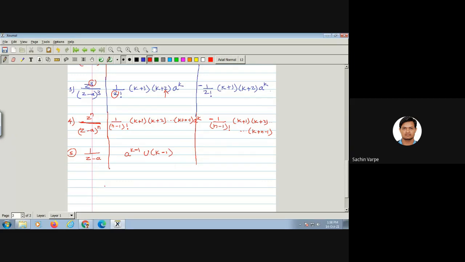How do we define u of k minus 1? U of k minus 1 will be the same, but here the condition changes. It is 1 for k minus 1 positive and 0 for k minus 1 negative, right? So what does it mean? It means 1 for k greater than 1, and 0 for k less than 1. Okay? So accordingly we can change our unit step function.